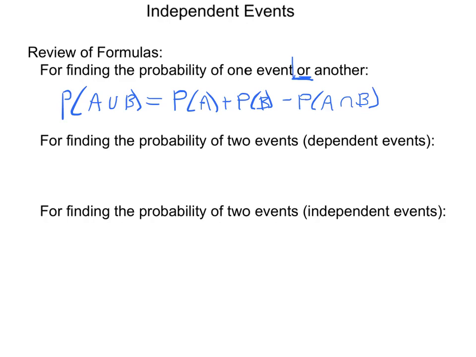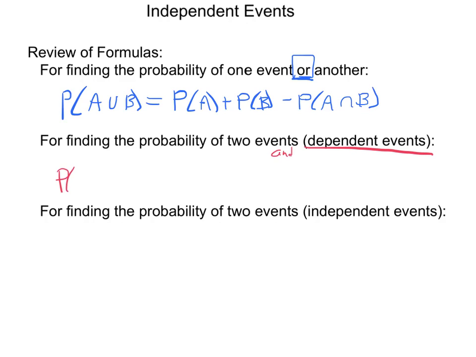So if you have one event or another event, that formula will work. And something that's neat about this formula, that formula always applies. It doesn't matter what kinds of things you have, that formula will apply. The next two, you'll notice from one of the comments I have over here, they're different. One of them is for dependent events, and you guys have already seen it. When I say two events, I basically mean an AND probability.